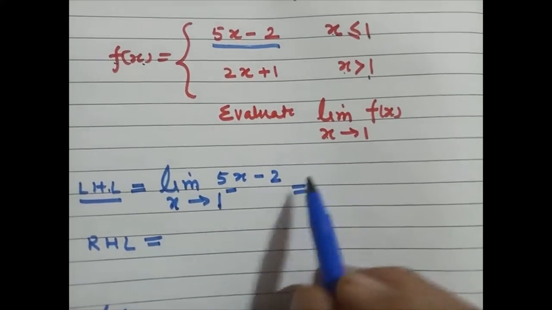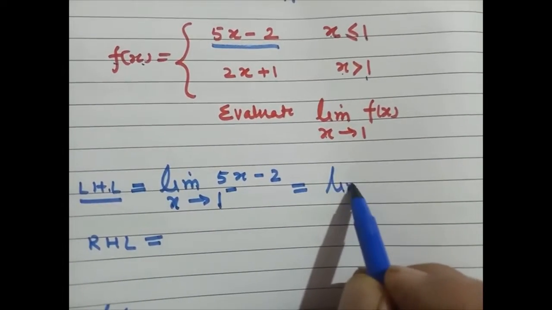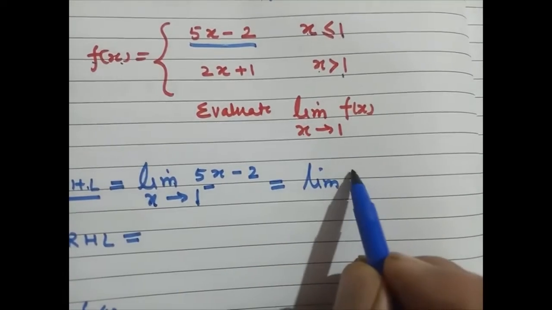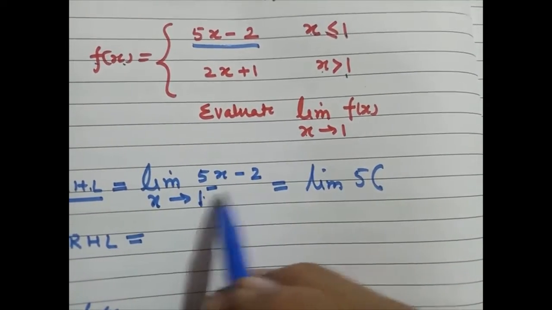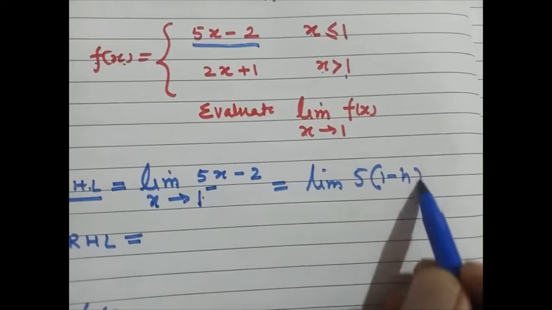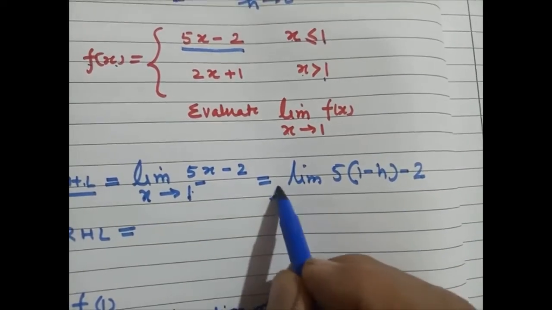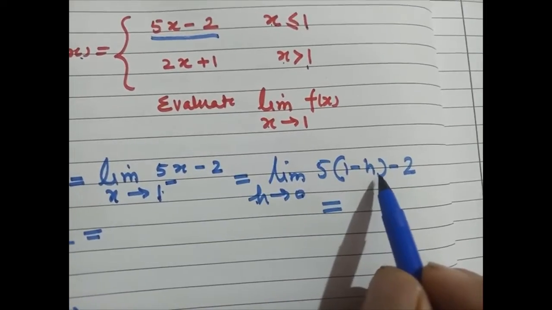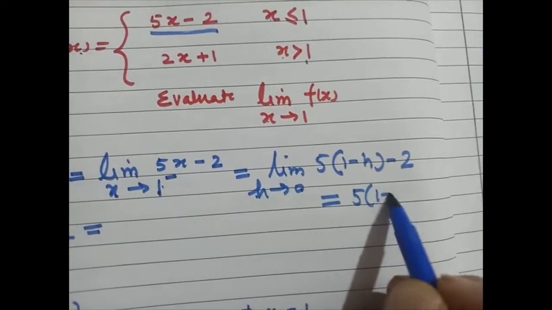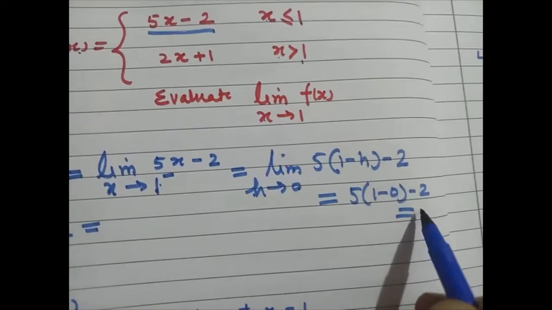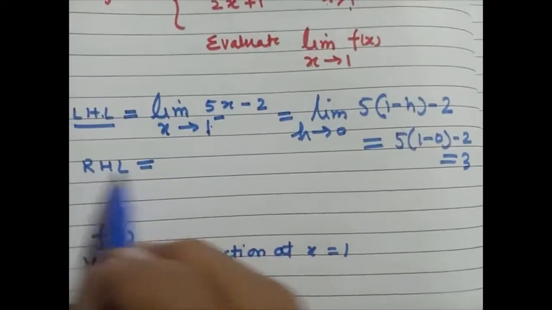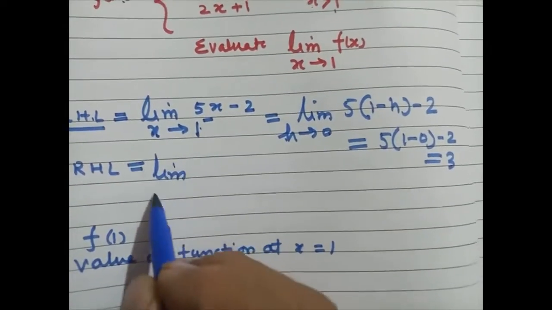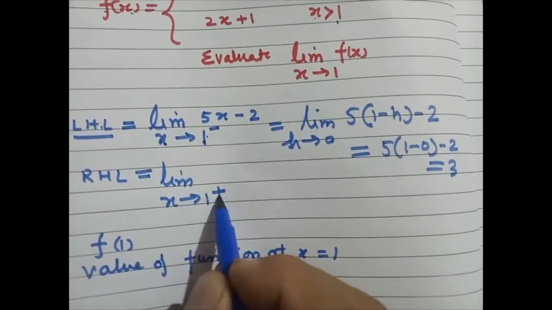That is 1 minus h. So in place of x we put 5 times 1 minus h, minus 2. What is h here? h tends to 0. Now put the value of h equal to 0 here. So what is the answer? 5 times 1 minus 0, minus 2. The answer is 3.